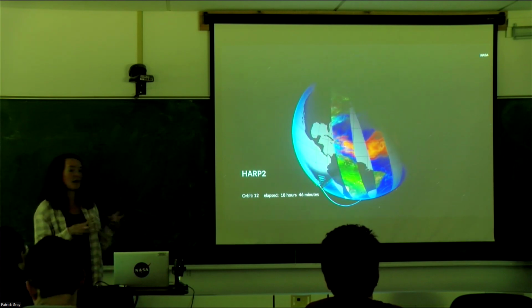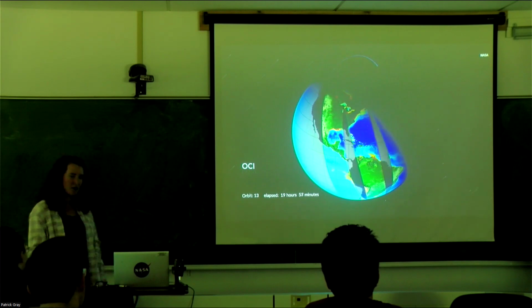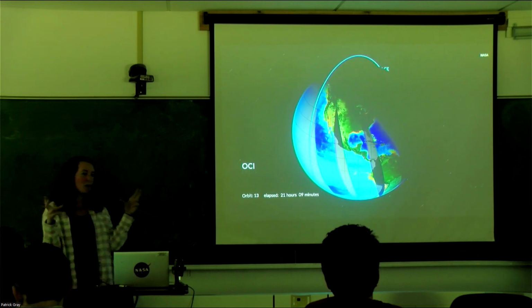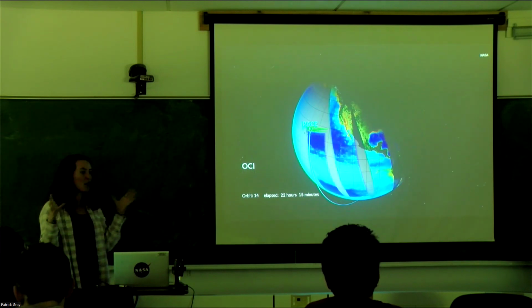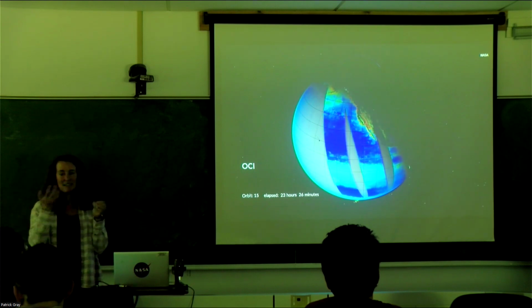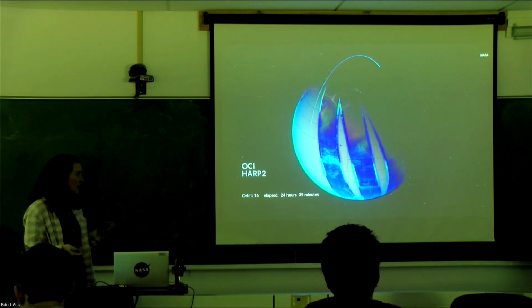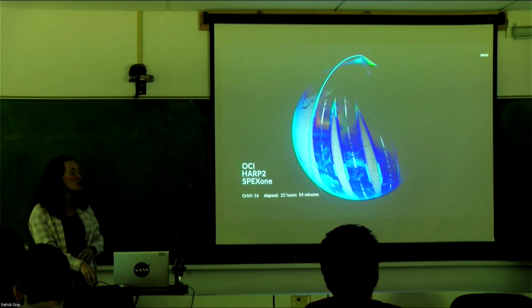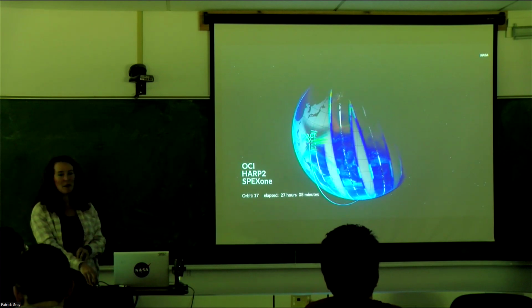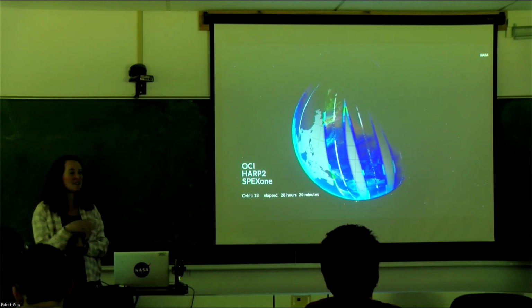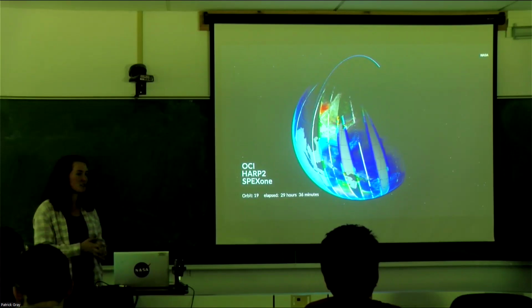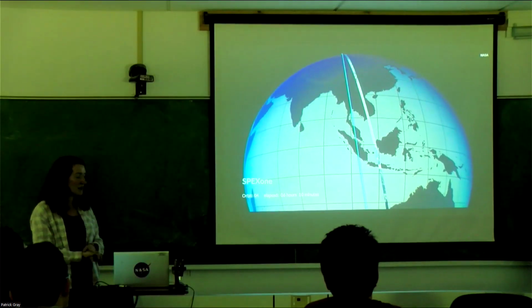Some areas will get a little more coverage, some a little less, and you can make your global composite by averaging over the time it takes to cover the entire globe as much as possible. Any of you who have used this type of data are familiar with the fact that you have both different spatial resolution and temporal resolution, and you have to choose the right product for the job.